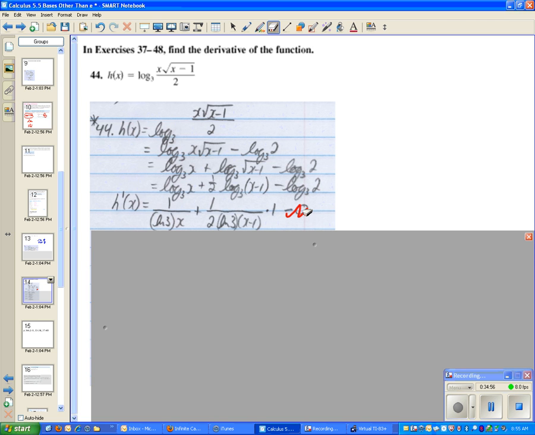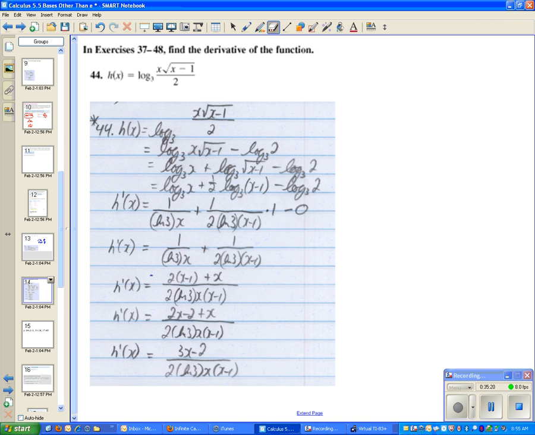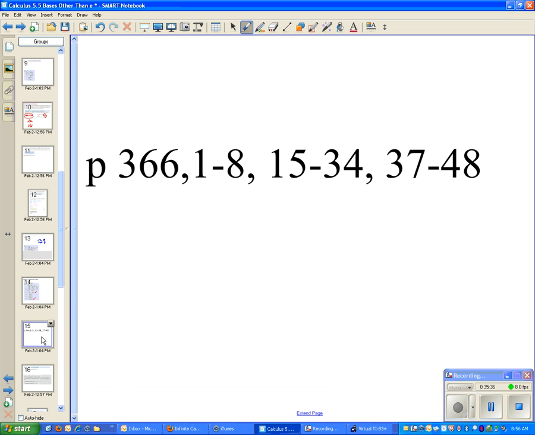It's a constant, isn't it? And the derivative of a constant is 0. So to make it look a little nicer, that's what we get. And if you want to go ahead and get one expression out of that, one rational expression, that's how you do it. Because I want that on there.